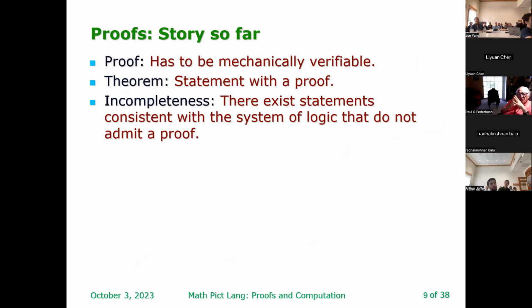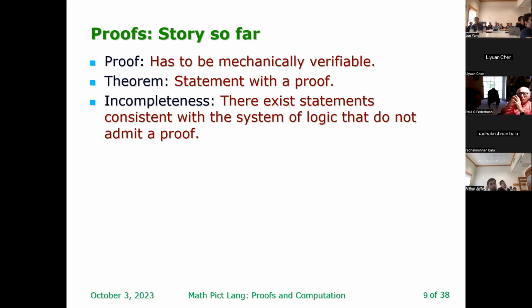So if you wanted to say something is an automated process, you want to give this automated process full flexibility to capture whatever you think is natural. But at the same time, it should not be so rich that it just looks visually at a proof holistically and says, yes, this is correct. It has to be something that goes mechanically through the proof and verifies it. If you want to define any mechanical automated sequence of steps, you need something like a Turing machine. And that's where he invented this.